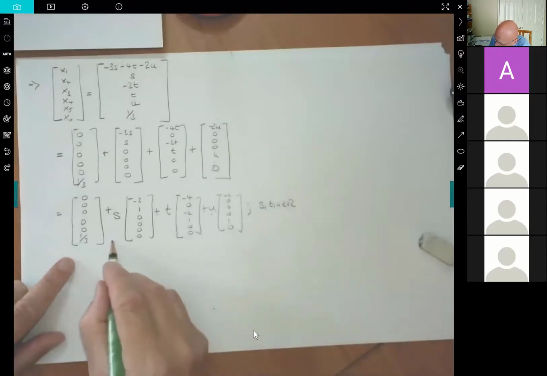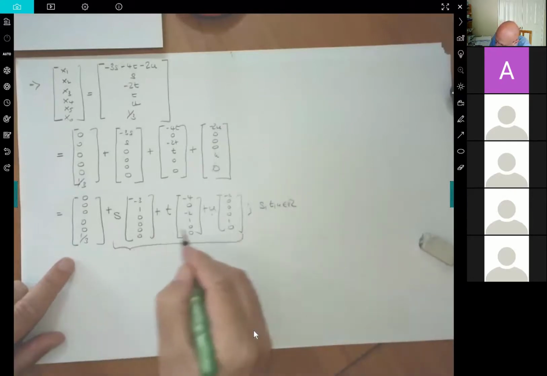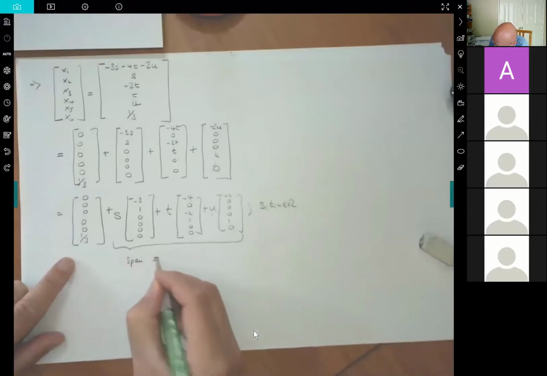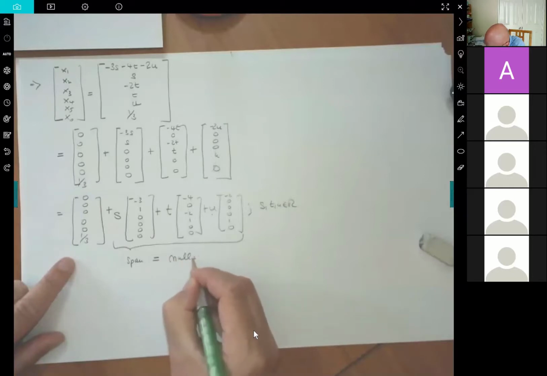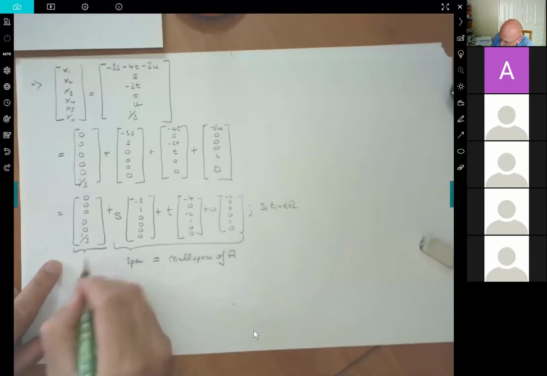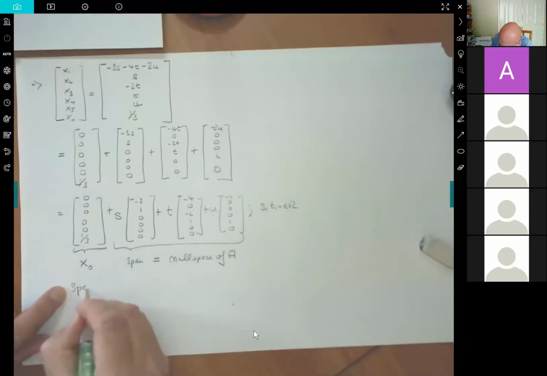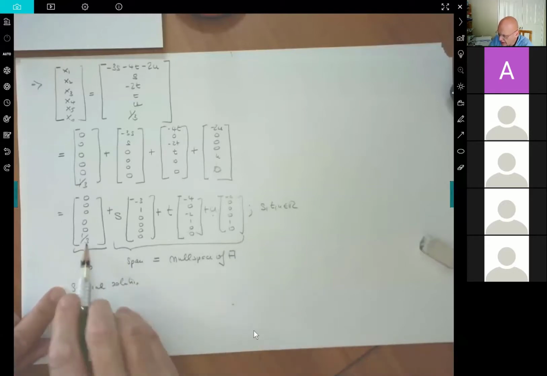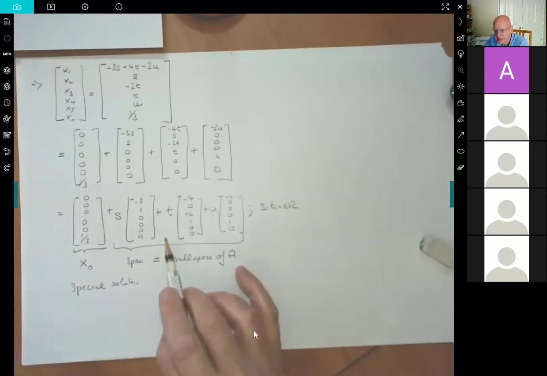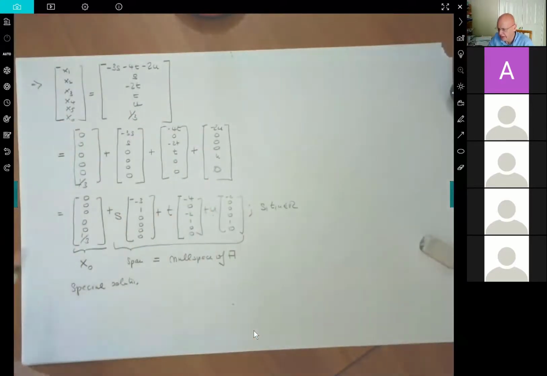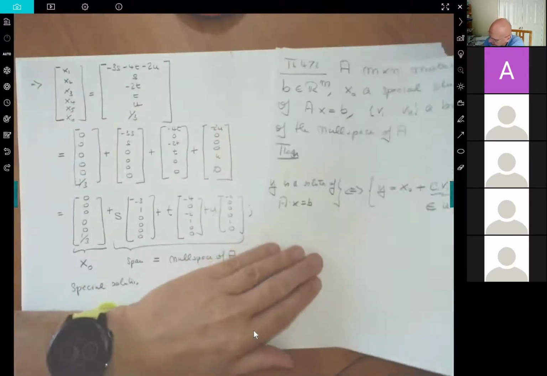So it turns out this here is the span of these three vectors. So span. And it turns out that's actually the null space of A. And this is x0. That's a special solution. So this is where this now fits together with the final result of the previous slide.